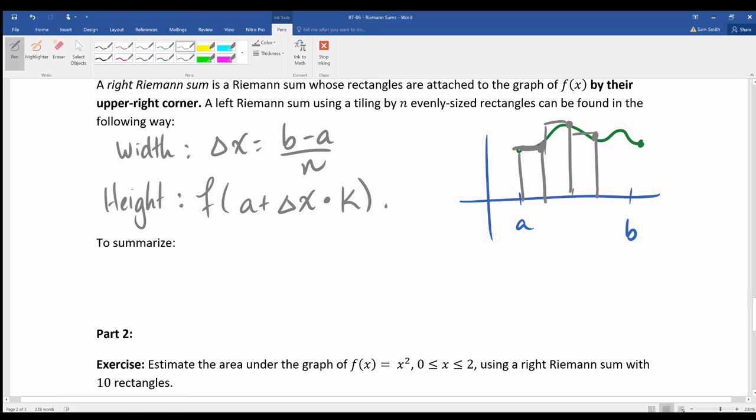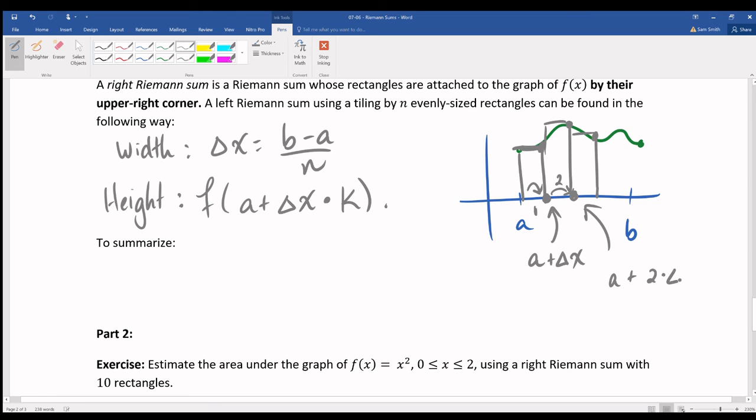For example, here is rectangle number 1. To get to its right endpoint, I would have to start at a and jump by 1 step in the x direction. If this is rectangle number 2, to reach that right endpoint, I'd have to start at a and jump by delta x twice in total.